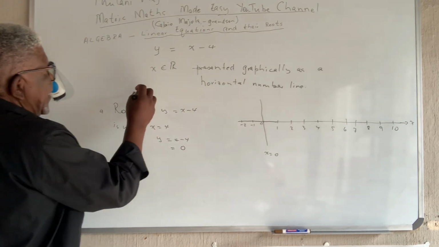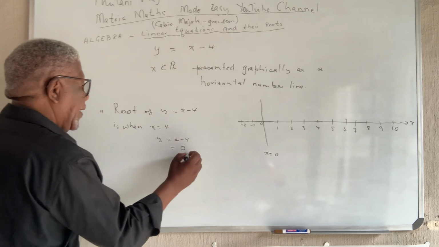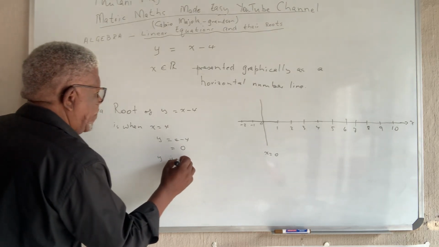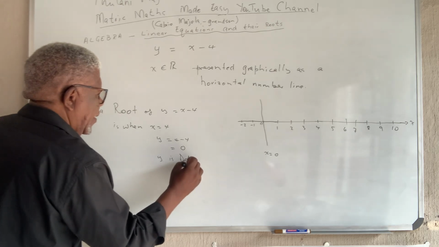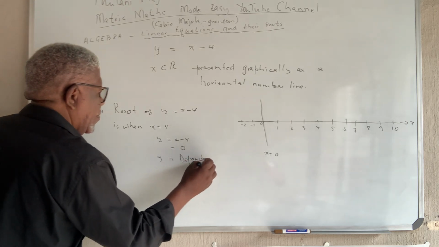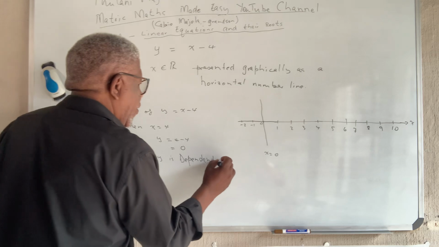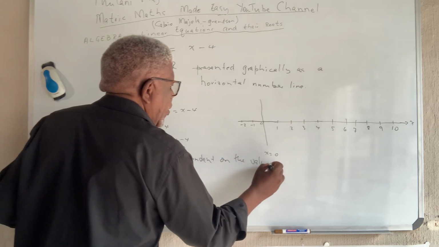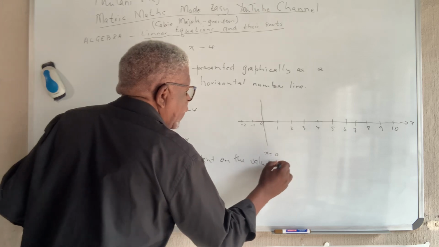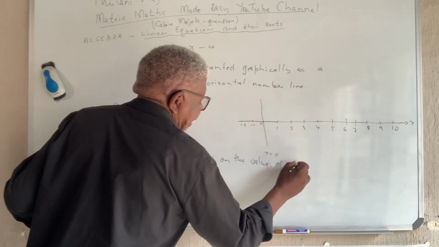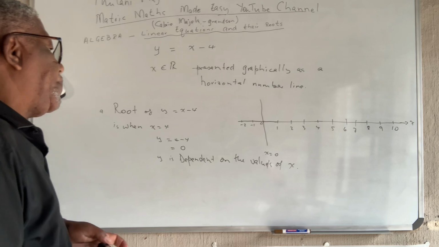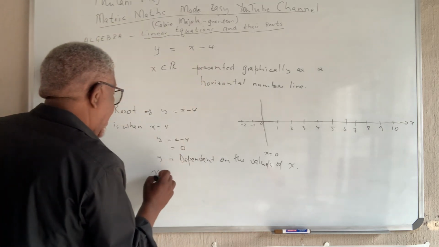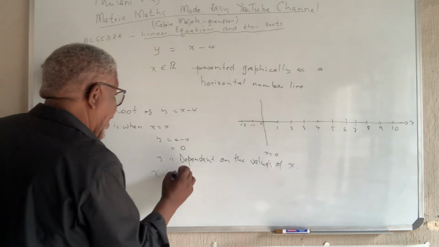We say that this variable y is dependent on the value or values of x. If y is dependent on the values of x, it means that x is independent.